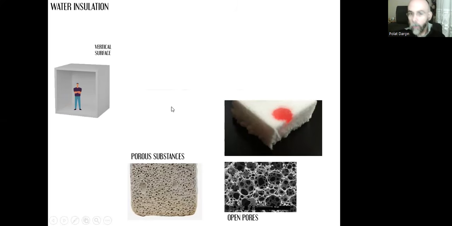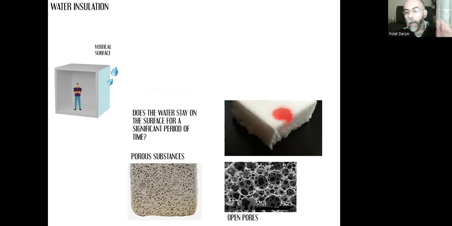Let's take a look at the vertical surface. What happens when it rains? We know that as the raindrops hit the surface of the walls, these vertical surfaces, they can cause the surface to get wet, but because of the gravity, these water droplets won't stay there.